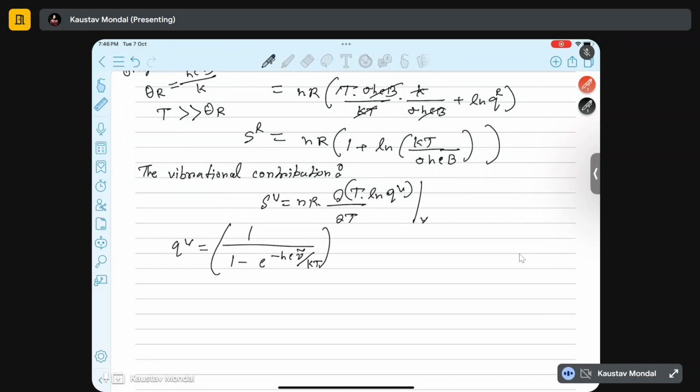This is basically the expression of QV. Now if you take ln on both sides, ln QV basically gives you minus ln of 1 minus e to the power minus hc nu tilde by kT.